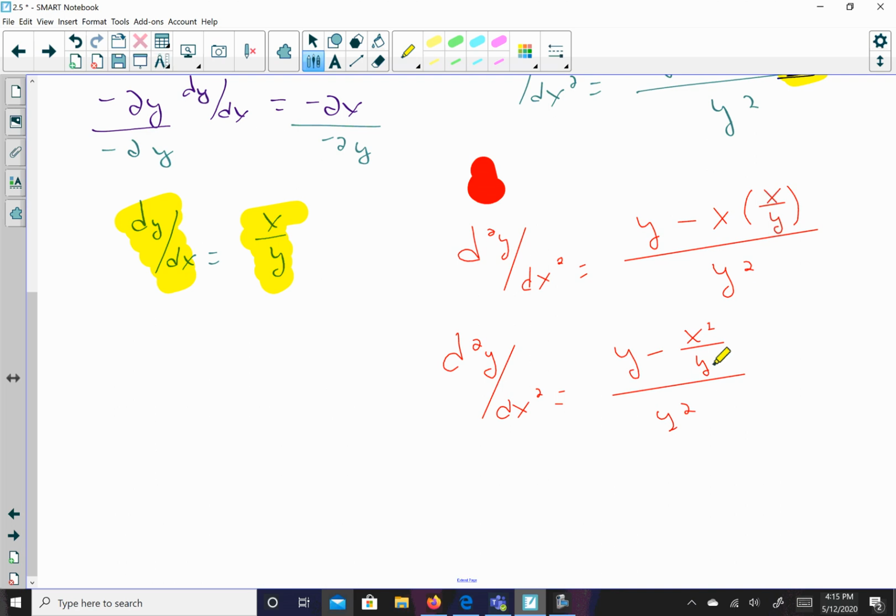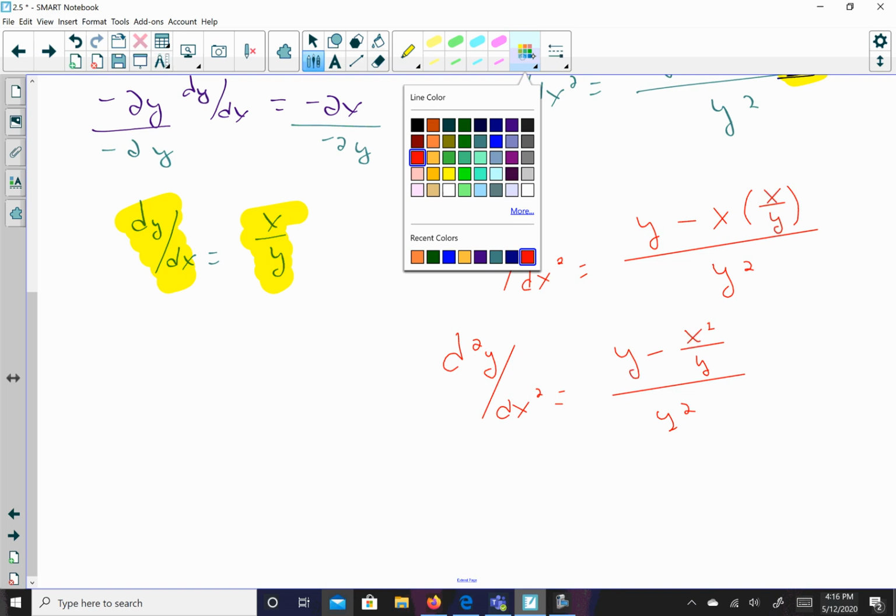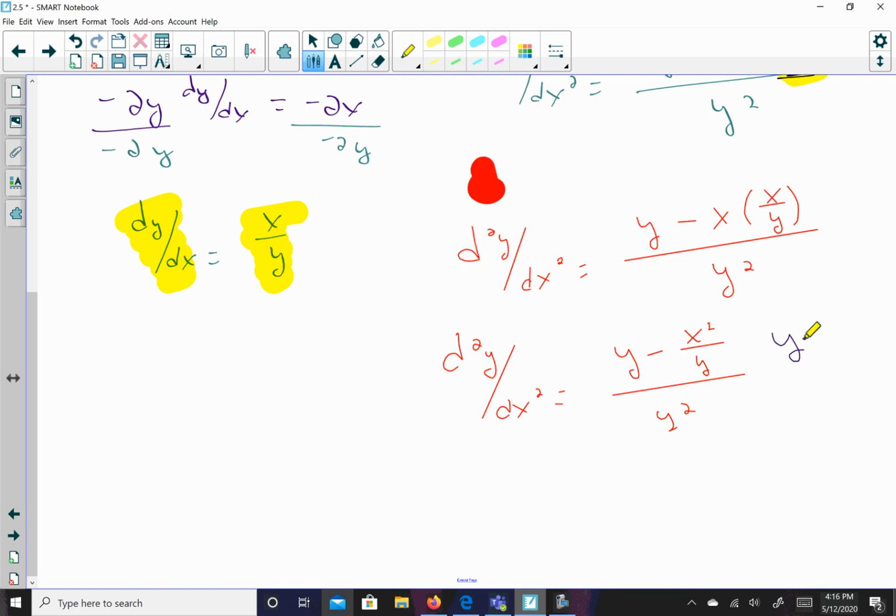Well, there's two ways that I can get rid of this fraction, because I can't have a fraction within a fraction. I can multiply this y by y squared over y squared, and then I can multiply by the reciprocal. I could do that, or I could say, hey, I want to get rid of that y in the numerator. So the quickest way to get rid of that y in the numerator is to multiply the top by y. If I multiply the top by y, I'm going to have to multiply the denominator by y, because that way I'm multiplying by 1.